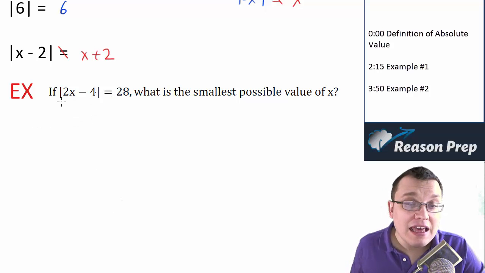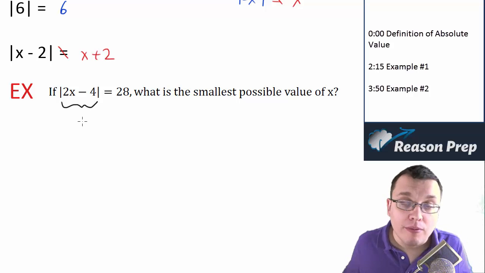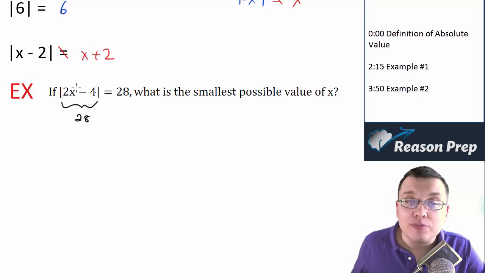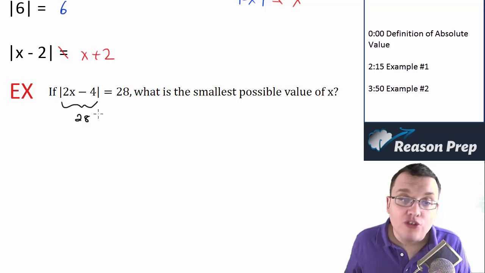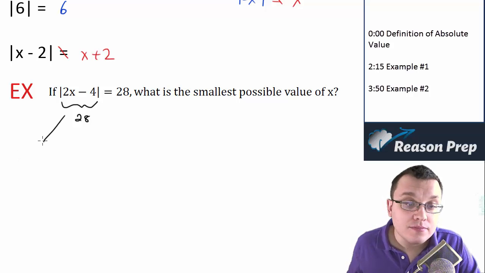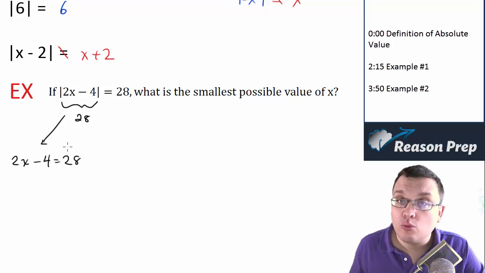Well, think about it. If this ends up equaling 28 when we plug in an x, then the absolute value of 28 is 28, and they would be equal. So if we find an x that would make this equal 28, we'd be good to go.